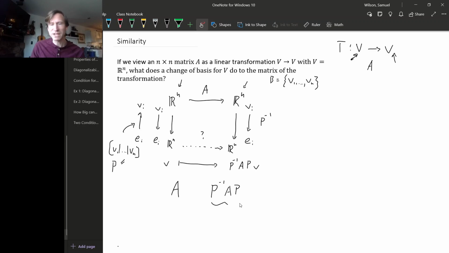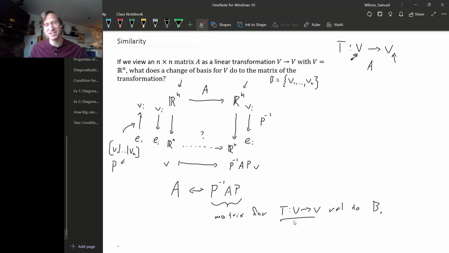So this matrix, P inverse AP, is the matrix for this linear transformation relative to our new basis B. What that means is these two matrices, even though they're different, share sort of a soul, I guess, because they're representing the same linear transformation, just in different bases.